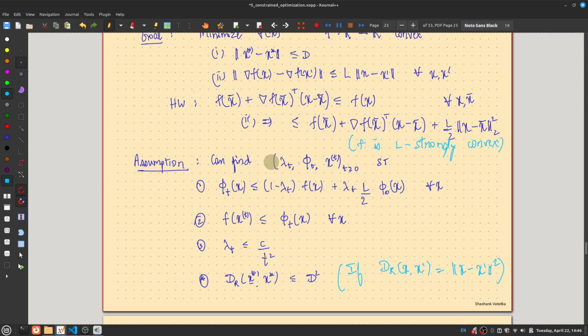So that's nothing new, but in addition to this, I also want, irrespective of which r I choose, this particular guarantee. If not, I can just take d square to be the larger of x star minus x naught the whole square and dr of x naught comma x star. I can always do that.